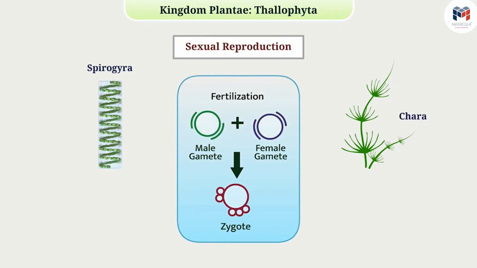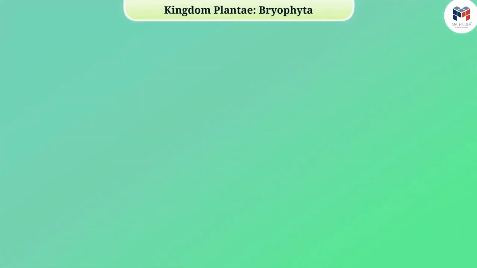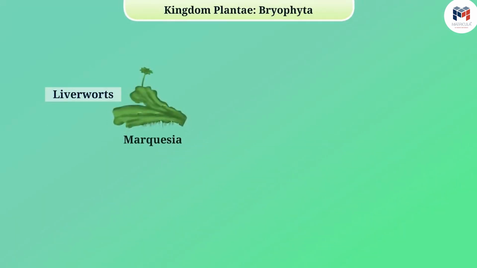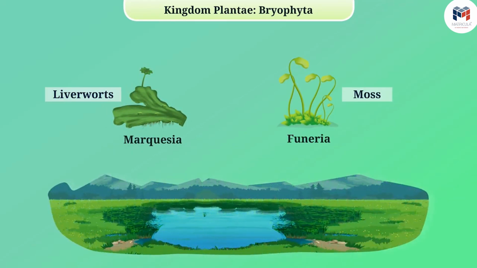Now, let's discuss Bryophyta. In this class, liverworts such as Marchantia and moss such as Funaria are included. They are often found in moist and shady areas of hills.